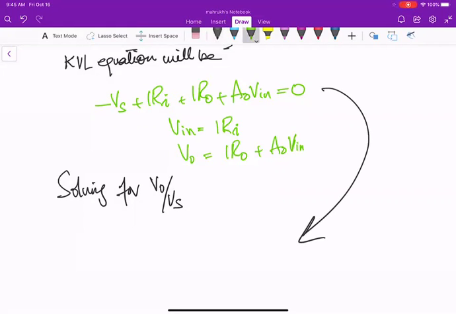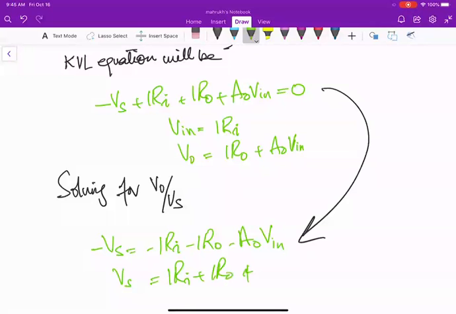So my Vs is IRI plus IR naught plus A naught V in.